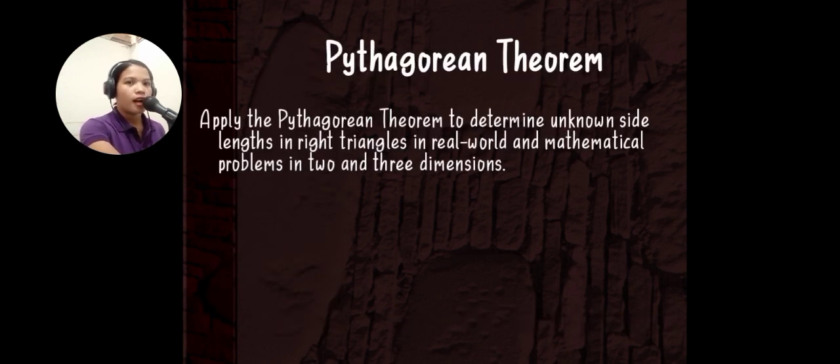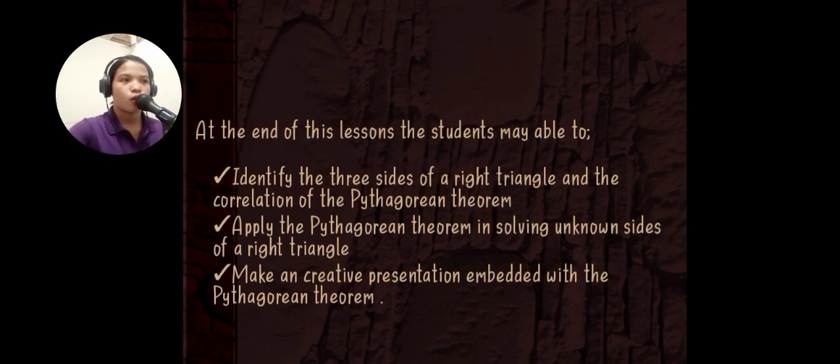Apply the Pythagorean theorem to determine an unknown side in right triangles in real-world and mathematical problems in 2 and 3 dimensions. The learning objectives of this lesson: at the end of these lessons, the students may be able to identify the 3 sides of a right triangle and the correlation of the Pythagorean theorem.